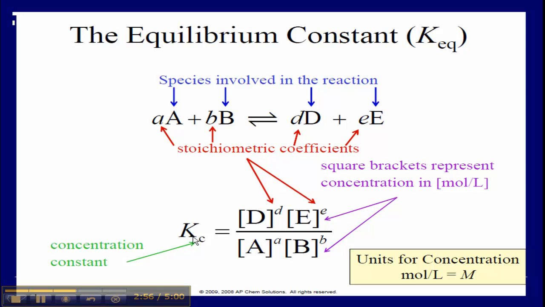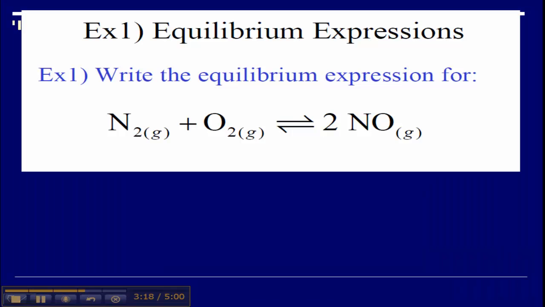And you put that over the reactants, also raised to the power of the coefficient. Now we're going to use Keq here. There's specifically Kc and Kp depending on what you're dealing with, but for our course we're just going to use Keq every time we see this, and it's a capital K. Alright, so remember that you put products over reactants.